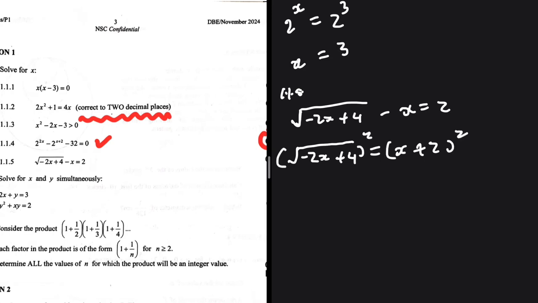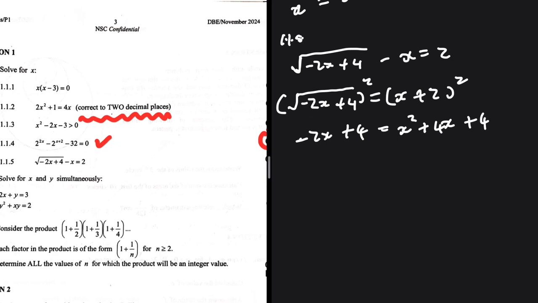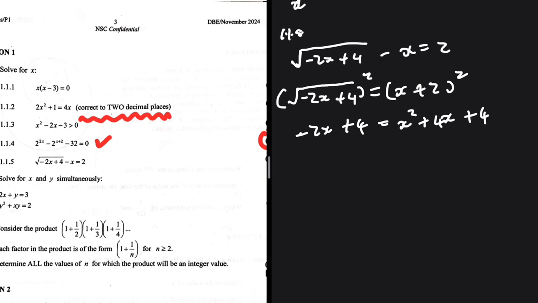When we do that, we get minus 2x plus 4. I wanted to say 4 minus 2x, but it's fine. We can just leave it like that. And then x plus 2 squared, that is x squared plus 4x plus 4. Okay, I'm happy with that.